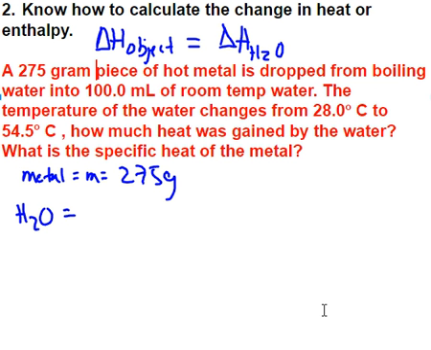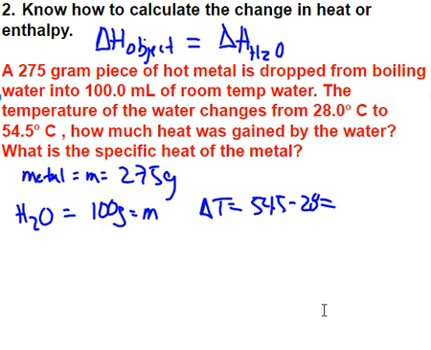So if it's 100 milliliters of water, since it's water, we can assume its mass is 100 grams because its density is 1 gram per milliliter. Temperature of the water changes from 28 to 54.5. So that's going to be what, like 26.5 is my delta T.